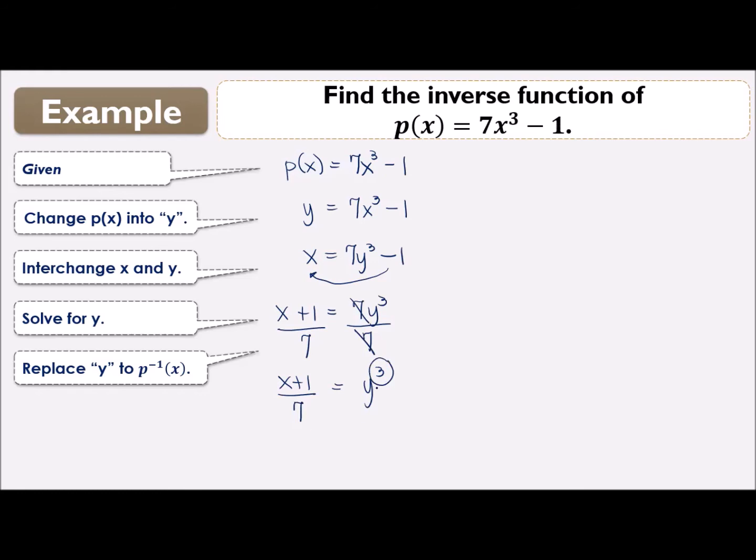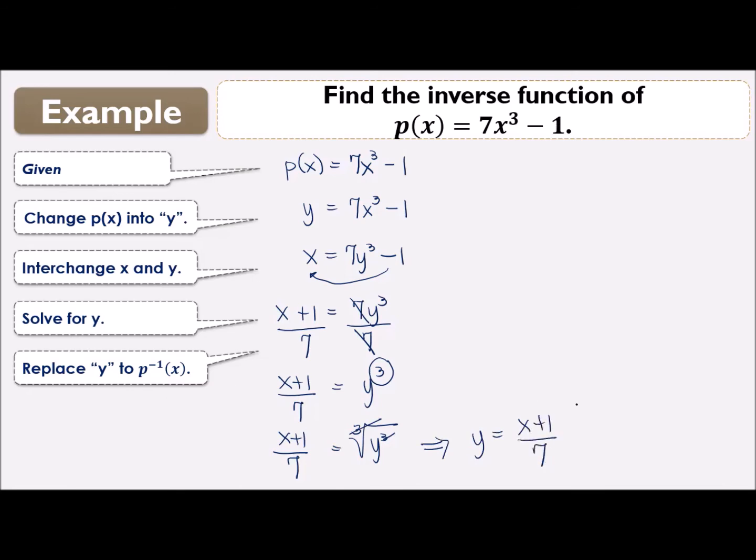So, paano ba magtanggal? Cube to. So, ibig sabihin, gagawin natin cube root para ma-cancel natin. Okay po? Kasi ang katumbas niyan ay 1/3 din pag minultiply dyan. So, maka-cancel yan. Ngayon, ang mangyayari na dyan, y is equal to the cube root of x plus 1 over 7.